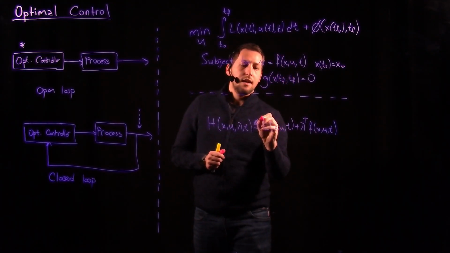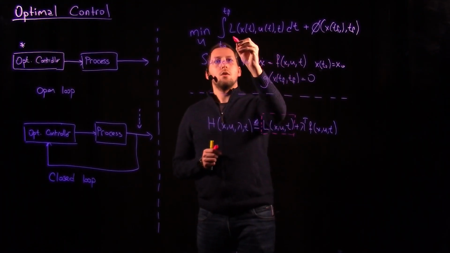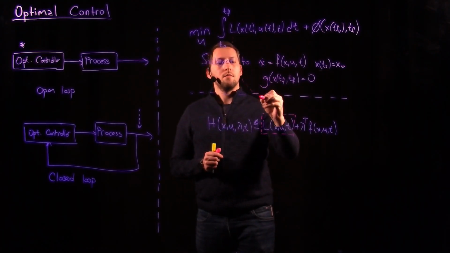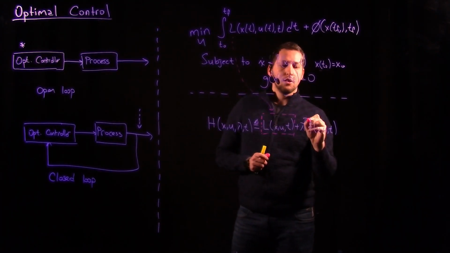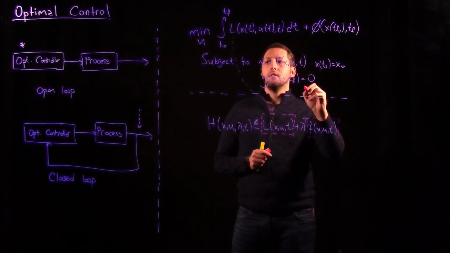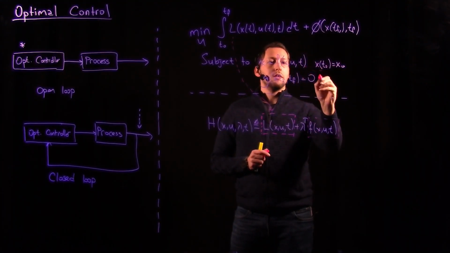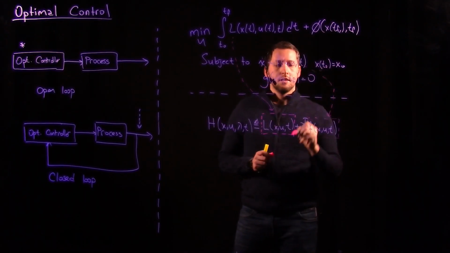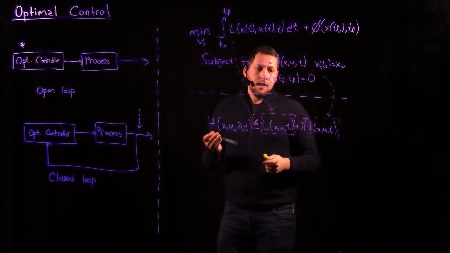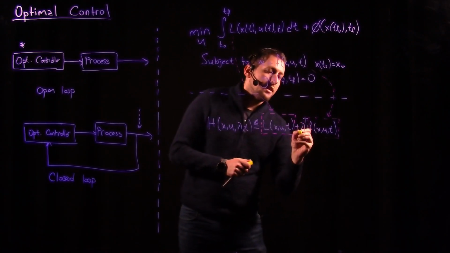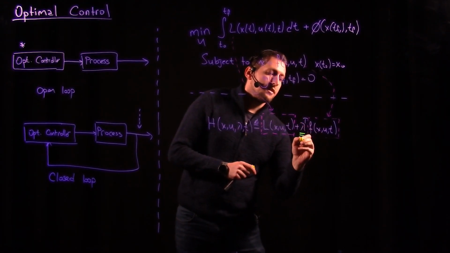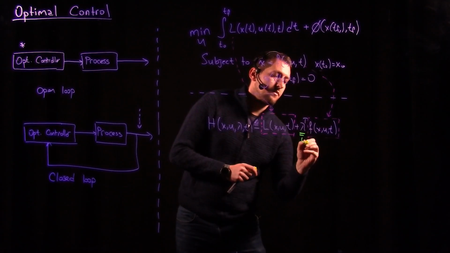For example, this L here is already the thing that we have here. And this F function is also another known function, which is this one. And this lambda is named as the Lagrange multipliers.